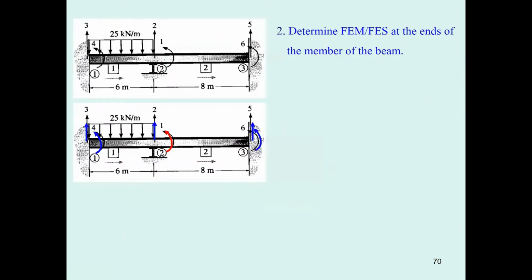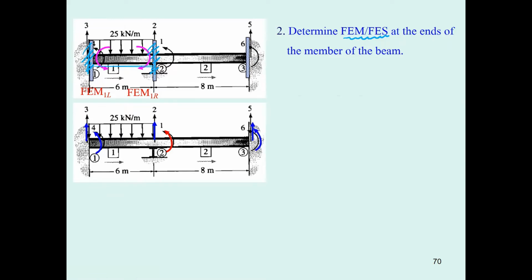Then the second step, you have to use your previous knowledge to determine the fixed end moment and fixed end shear that occur on this beam. This is the fixed end moment at node number 1, member number 1 on the left. This is the fixed end moment at member number 1 on the right. You know about this, this is a uniformly distributed load.